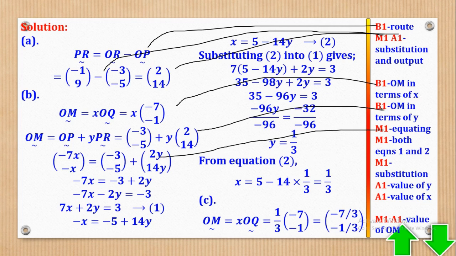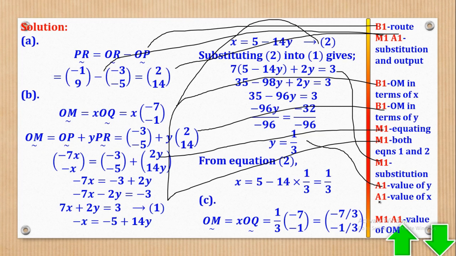Then M1 is for both equation 1 and equation 2. Then M1 is for substitution, and A1 is for the value of Y, A1 for the value of X, M1 for substitution here, and A1 for the value of M.